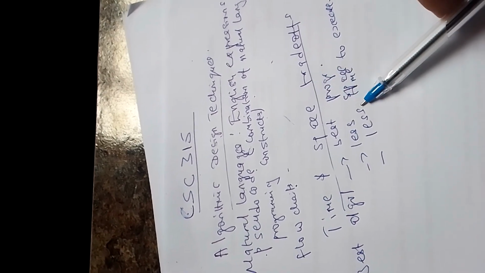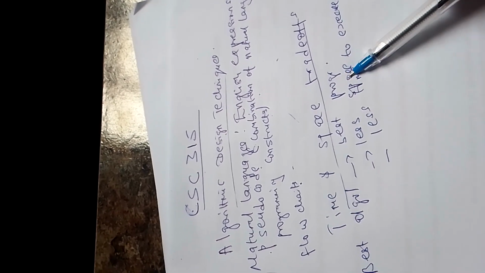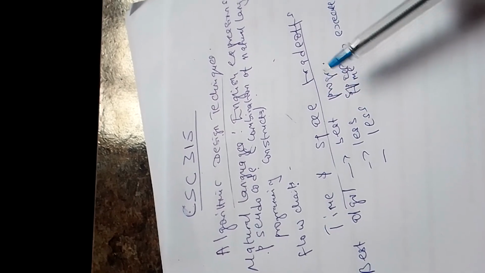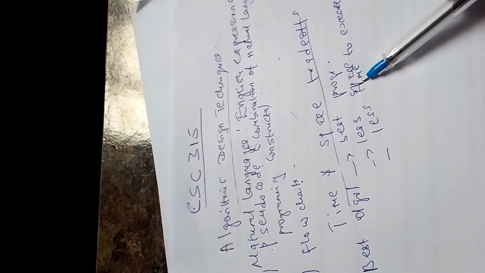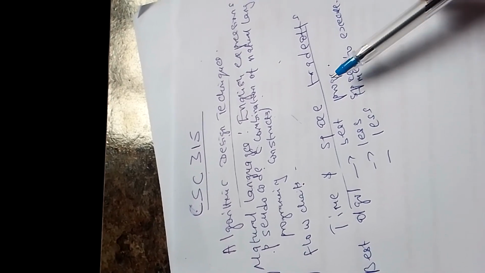That is what we call time and space trade-off. You are trading less space for higher time, or less time for higher space. So you can choose any one of them.